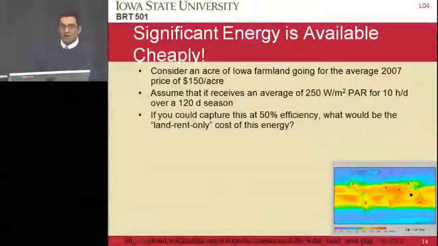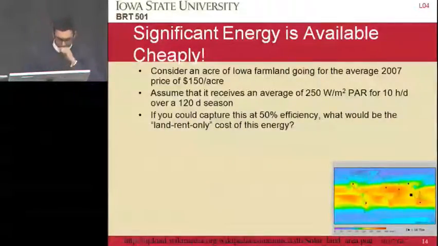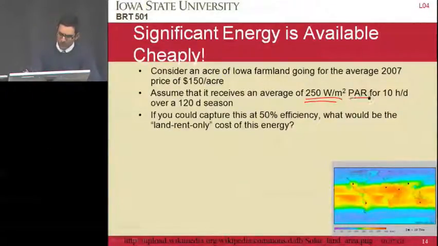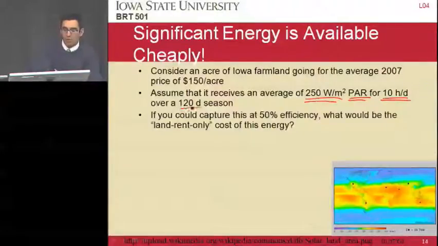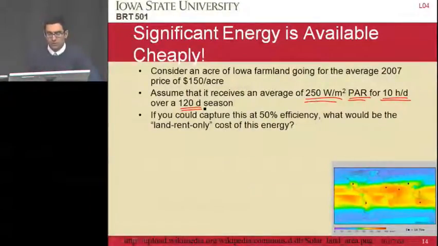If it costs $150 an acre to rent land in Iowa, and if I can receive an average of 250 watts per square meter photosynthetically active radiation for 10 hours per day for 120 days, and if I could capture that energy at just 50% efficiency, what would be the land rent only cost?